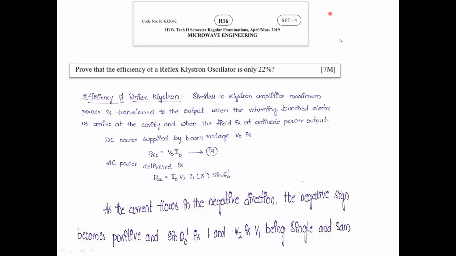So this is the power equation, the power obtained by the beam voltage. Similarly, what is the AC component of this power from our previous discussion? So this is the AC power. That is P_AC equals V2 I naught, the first coefficient J1(x) equals, we have a constant, so J1(x) multiplied by the transit angle sine, sine of theta naught.